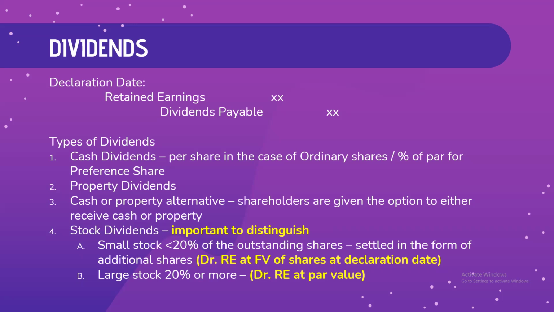Now, for stock dividends, it's important to distinguish between small and large stocks. For small stock, or less than 20% of the outstanding shares, it is settled in the form of additional shares. So debit retained earnings at the fair value of shares at declaration date.